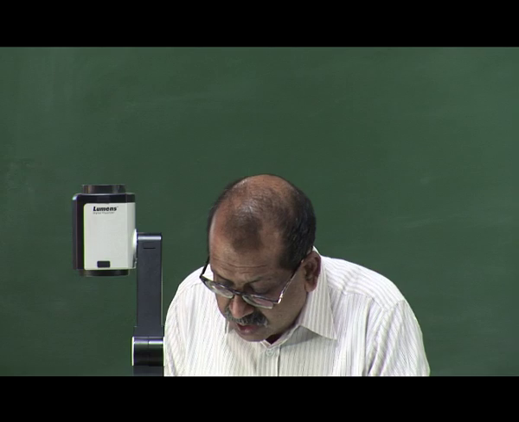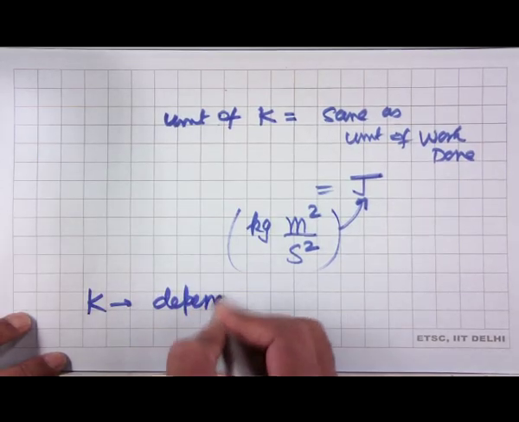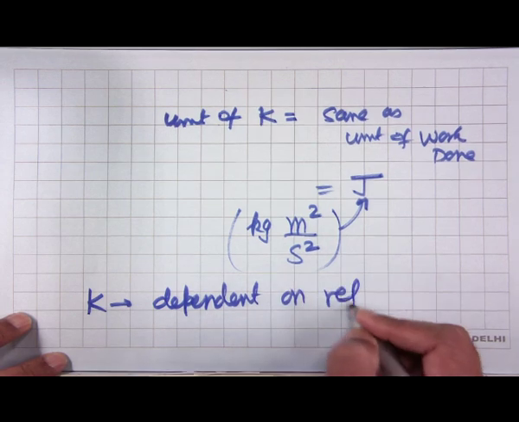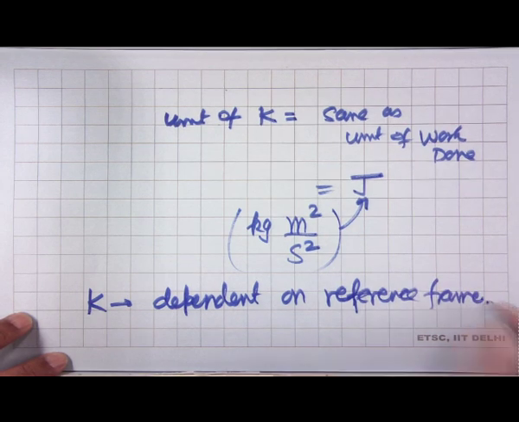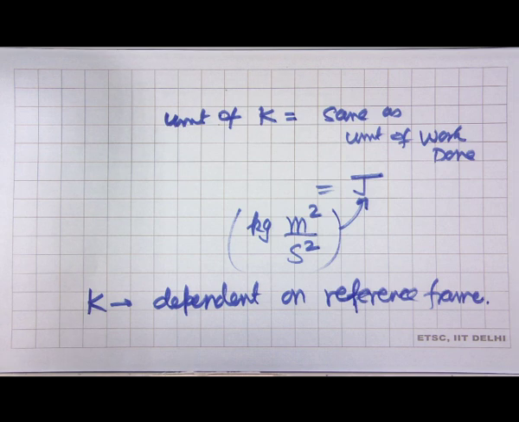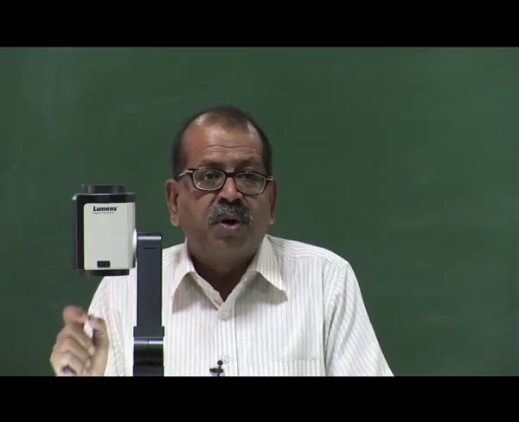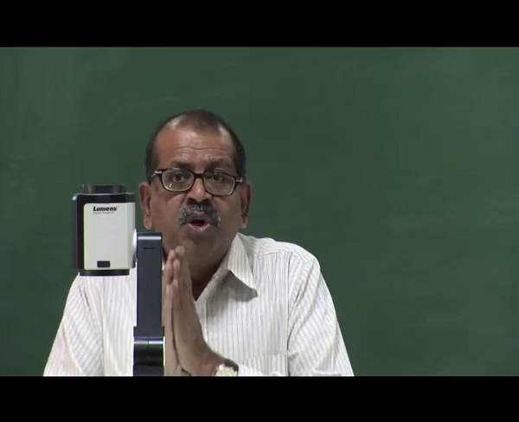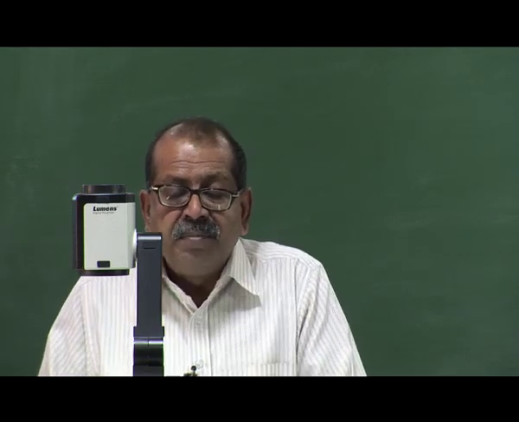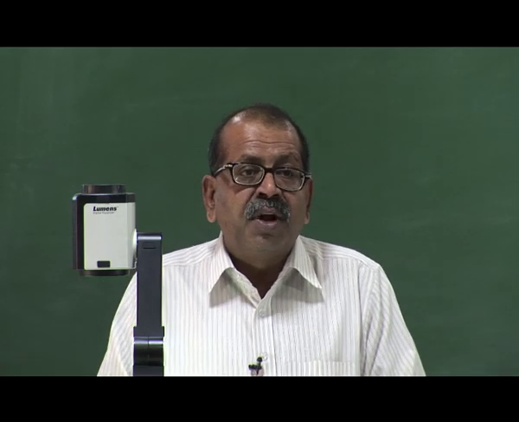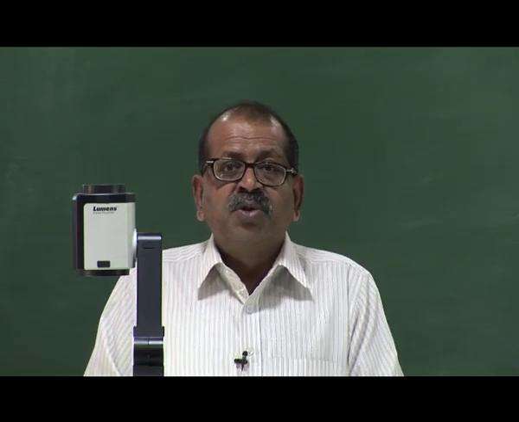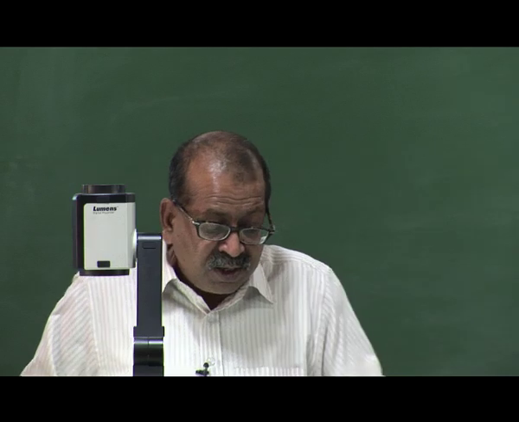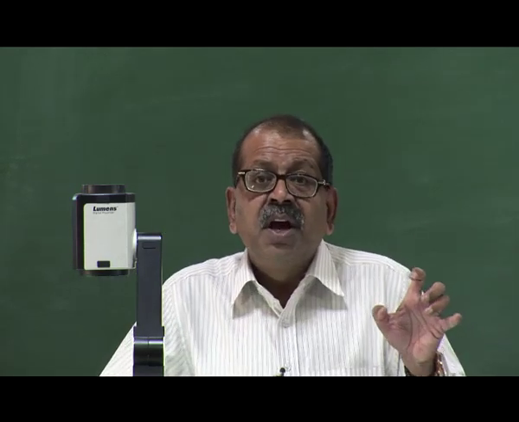So, kinetic energy is also dependent on the reference frame, and the reason why we lay a stress on this reference frame is that Newton's law, F is equal to ma, is valid only when acceleration is being measured with respect to an inertial frame of reference, or a frame which is not accelerating.